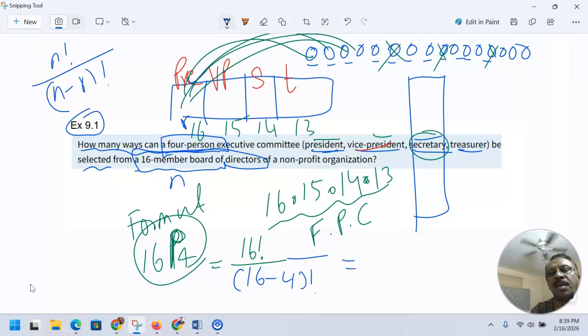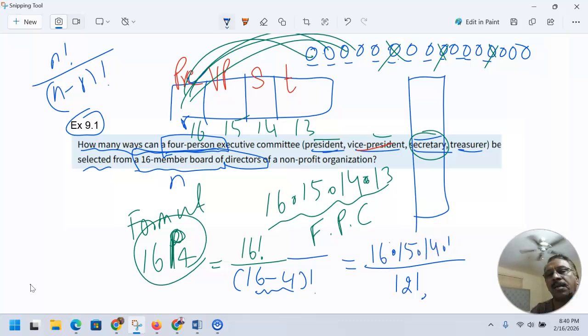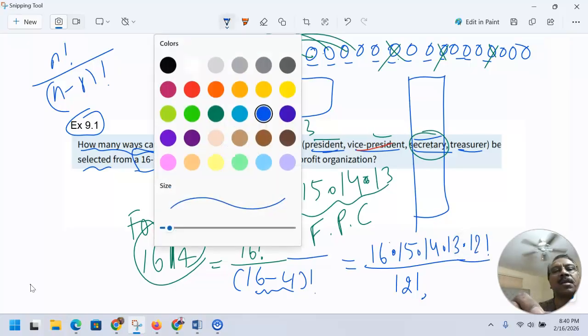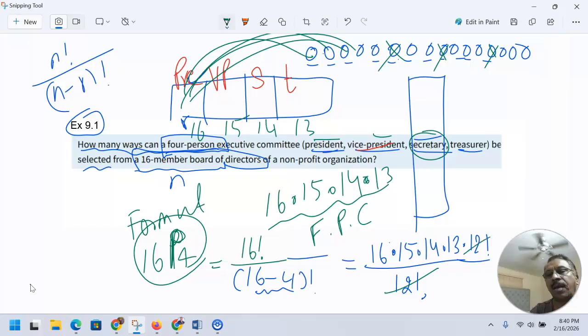And because 16 minus 4 is 12 factorial, I can reduce 16 factorial until 12 factorial. So we can easily cross out this 12 factorial. And this is back to the same fundamental principle of counting, right?